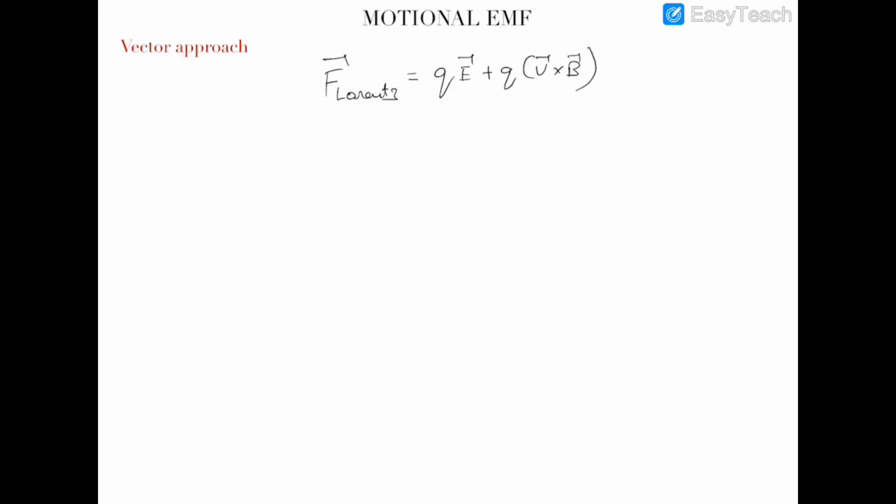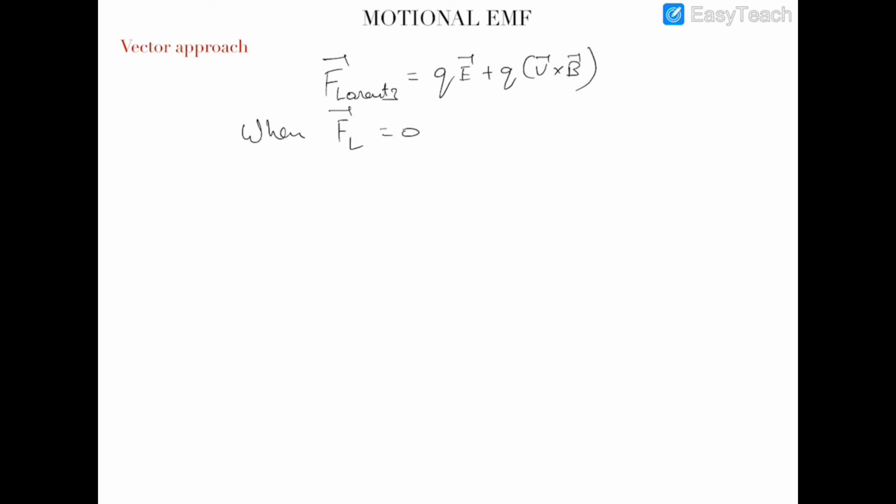So the net Lorentz force will be qE plus qvB. But we also know that the EMF induced in that conductor will be saturated, or stable, at the moment when the net Lorentz force will be 0.